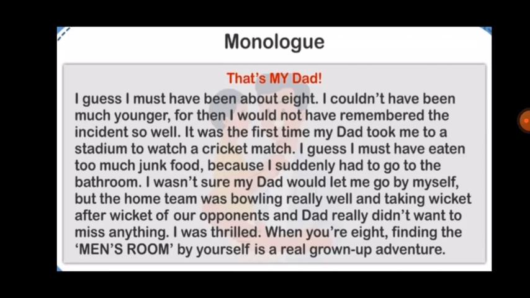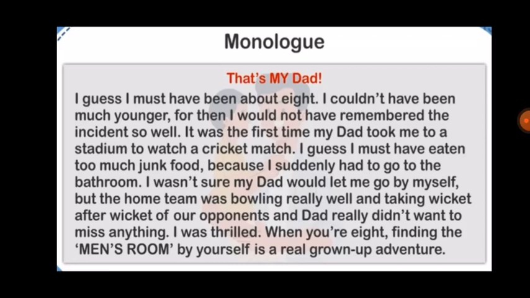I could not have been much younger, for then I would not have remembered the incident so well. It was the first time my dad took me to a stadium to watch a cricket match. I guess I must have eaten too much junk food because I suddenly had to go to the bathroom.